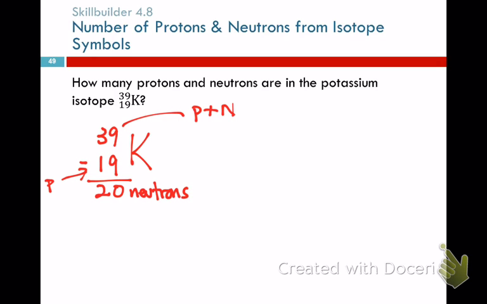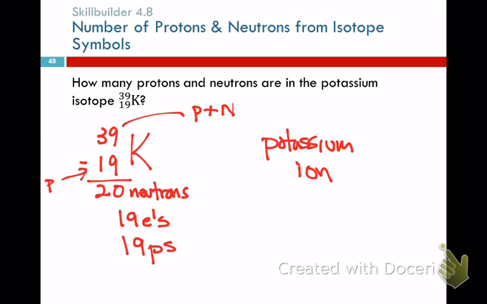Now, if it's the potassium isotope, how many electrons does it have? It's not part of the question, but how many electrons would it have? 19. Now, what about the potassium ion? It would be a +1 charge, because it's in group 1.